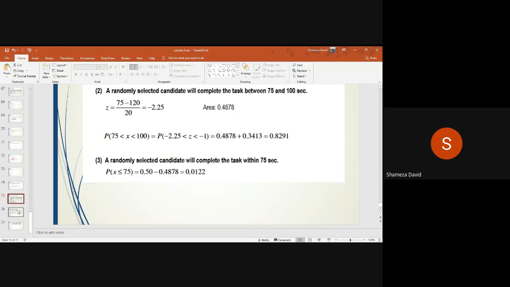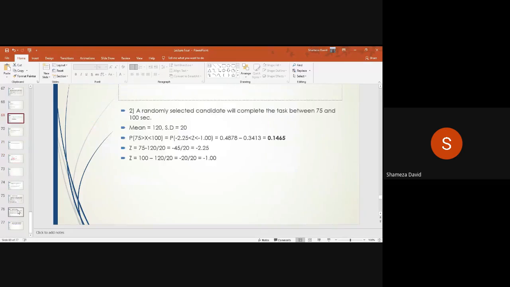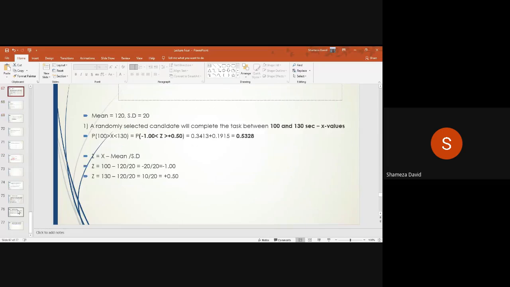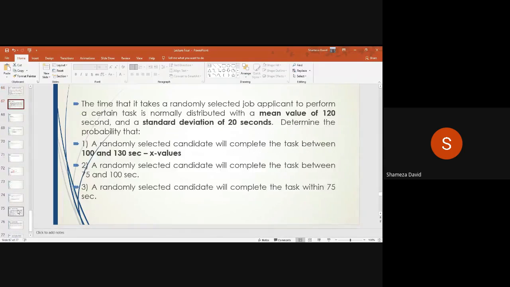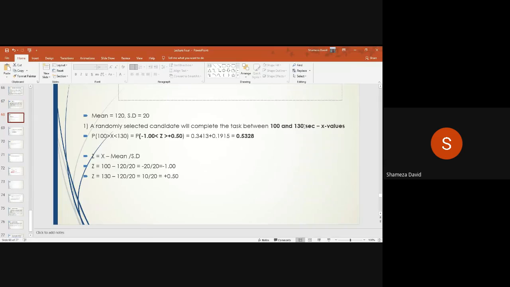So just to recap, we went through an example that took us through three different variations of finding areas on the curve. The first was finding the area between 100 and 130 when we have a distribution with a mean of 120 and a standard deviation of 20.